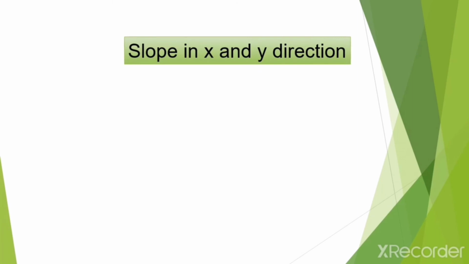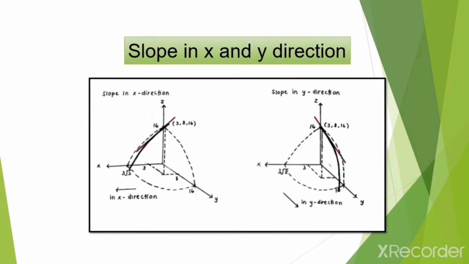Okay, next, this is the look of the slope in the x and y directions. In the x direction, we get negative 16 over 3 slope. In the y direction, we get negative 1. In the x direction, the slope is parallel to the x-axis, while in the y direction, the slope is parallel to the y-axis.